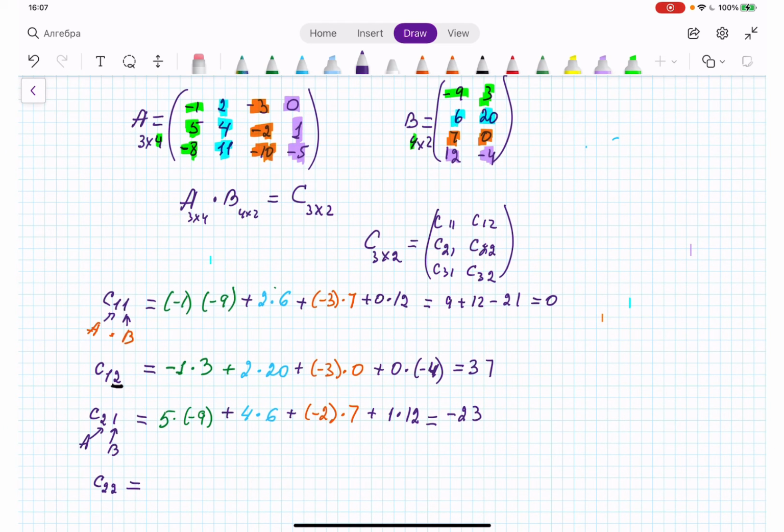So C22 is equal to 5 times 3 plus 4 times 20 plus negative 2 times 0 plus 1 times negative 4. And this is going to be equal to 91.